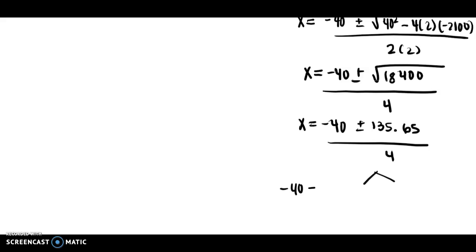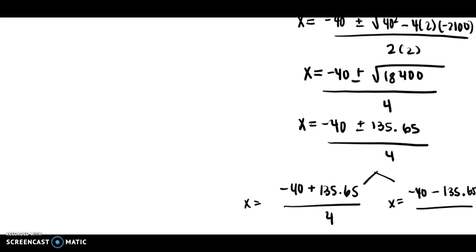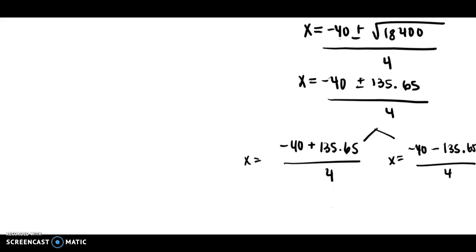So negative 40 plus 135.65 over 4, and then x is equal to negative 40 minus 135.65 over 4. This one, I could already tell it's going to give me a negative value, and we can't have a negative distance. So this one will not be a solution.